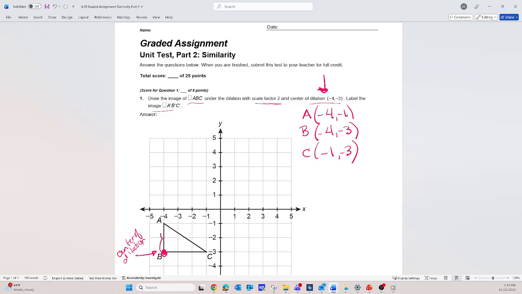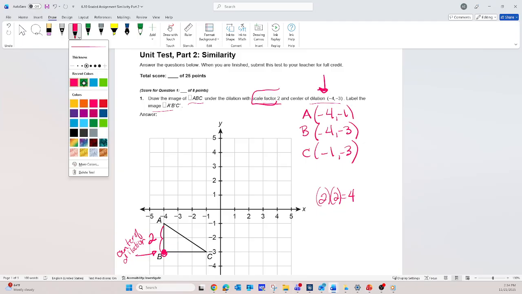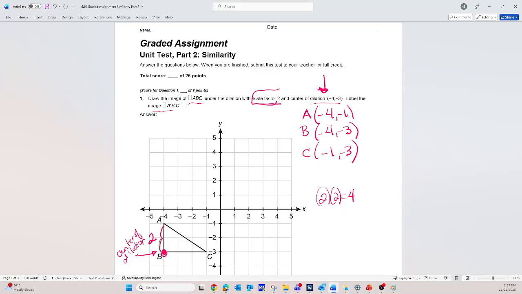So it's 1, 2. That, you're going to multiply times your scale factor of 2. So 2 times 2 is going to be 4. Okay, so let me color it in green. That means from your center of dilation, you're going to walk forward 1, 2, 3, 4.